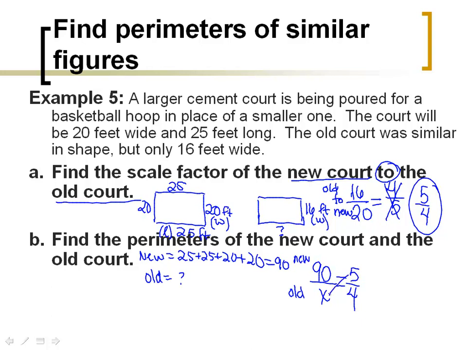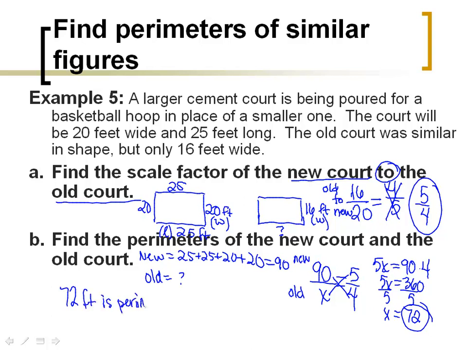I'm going to do the cross products property. 5x equals 90 times 4. So 5x equals 360. Divide them both by 5. And x equals 72. And that's the perimeter of my old court. So 72 feet is the perimeter of the old court.